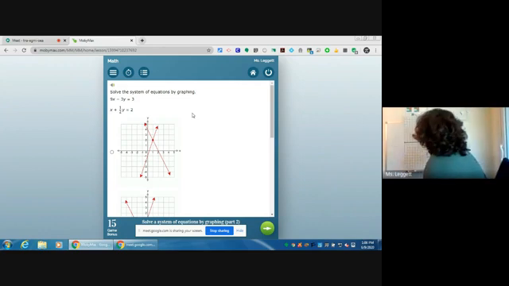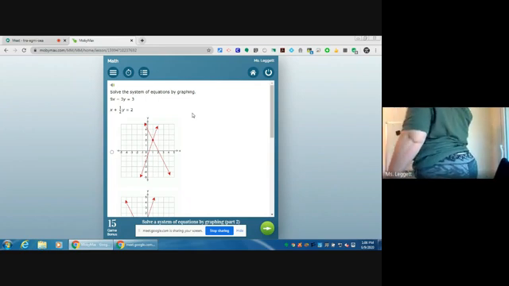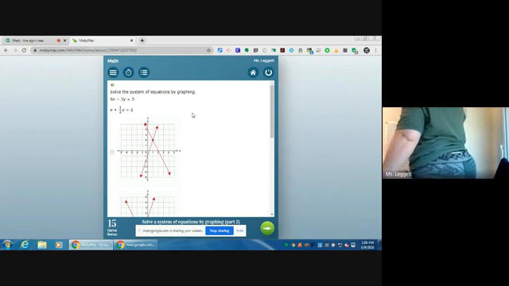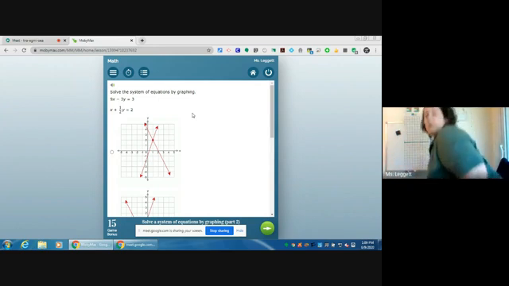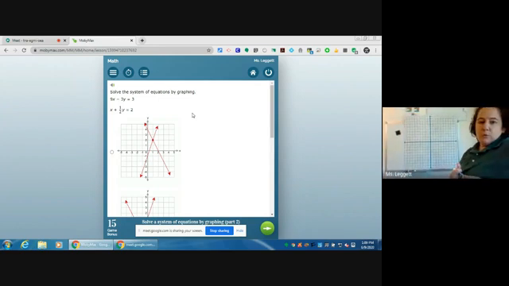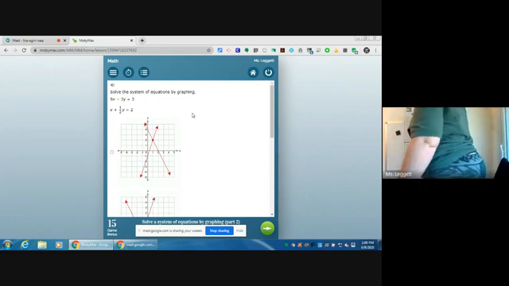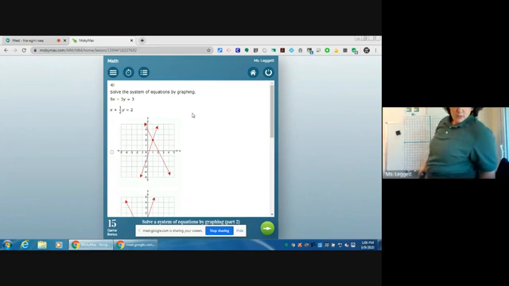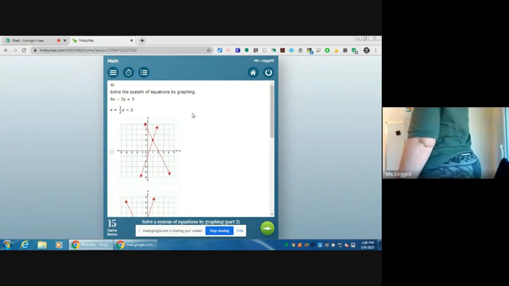I'm going to erase the one that we just did. Maybe the same thing will happen. Maybe we'll plot one line and we won't have to plot the other one. I don't know. 9x minus 3y equals 3.